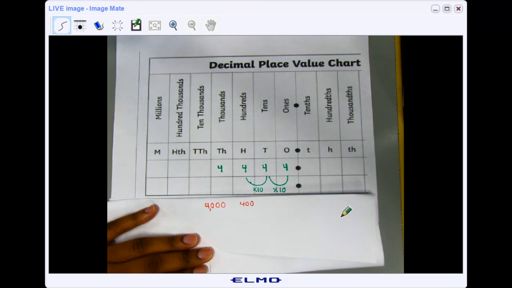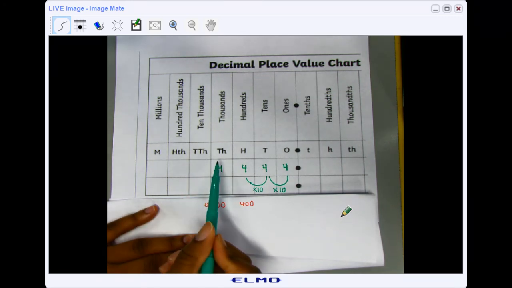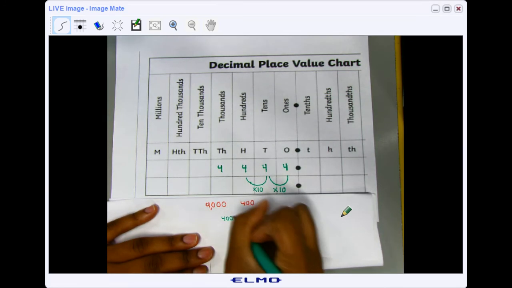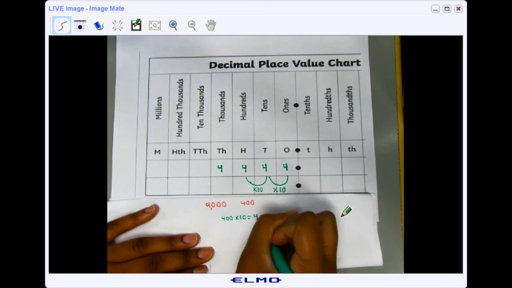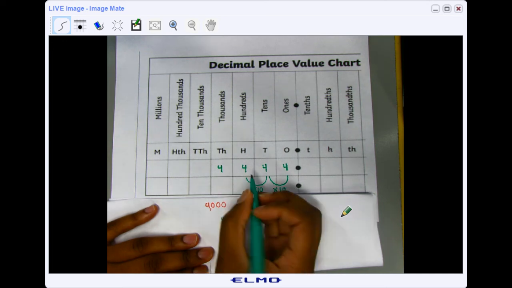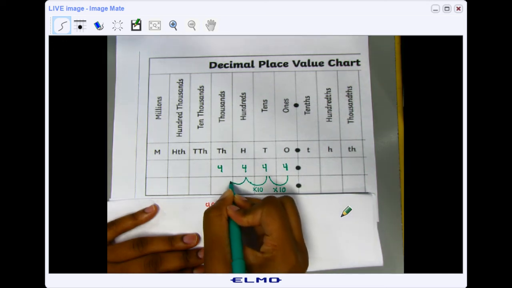What's a number sentence that we can write to prove that the thousands place is 10 times larger than the hundreds place using these digits and their values? 400 times 10 equals 4,000, proving again that any place value is 10 times larger than the one directly to the right. The thousands place is 10 times larger than the hundreds place, because when we move from the hundreds place to the thousands place, we multiply by 10.